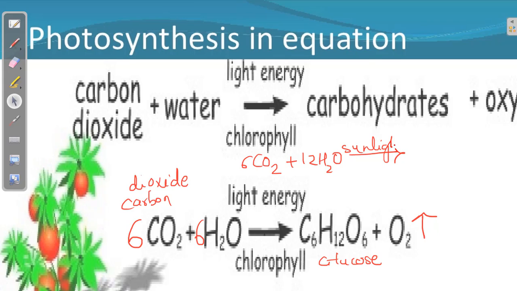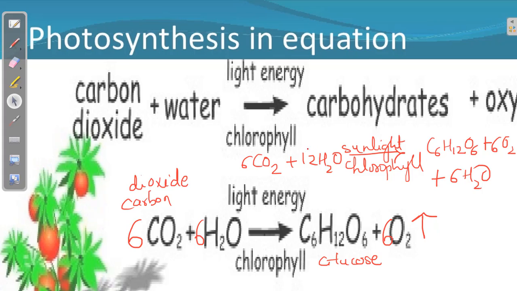This equation is sometimes also written as 6CO2 plus 12H2O in the presence of sunlight and chlorophyll gives you C6H12O6 plus 6O2, that is 6 oxygen molecules, plus 6H2O.